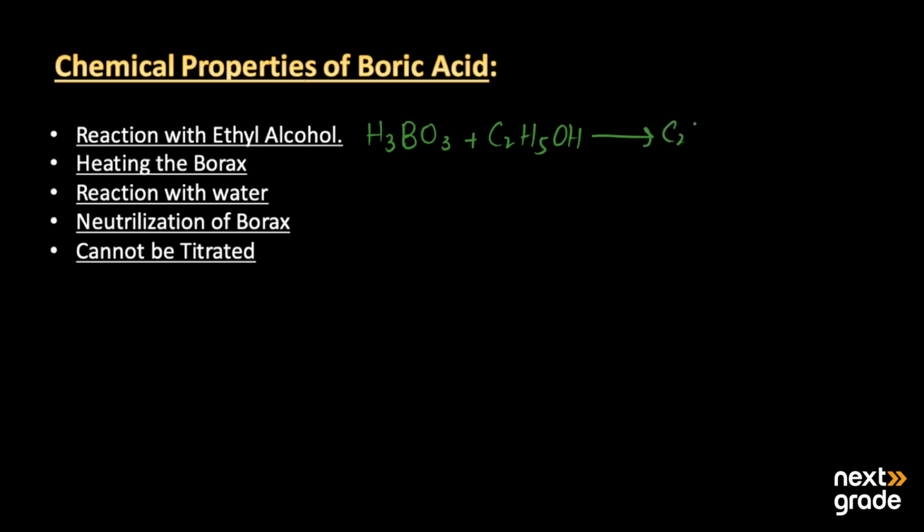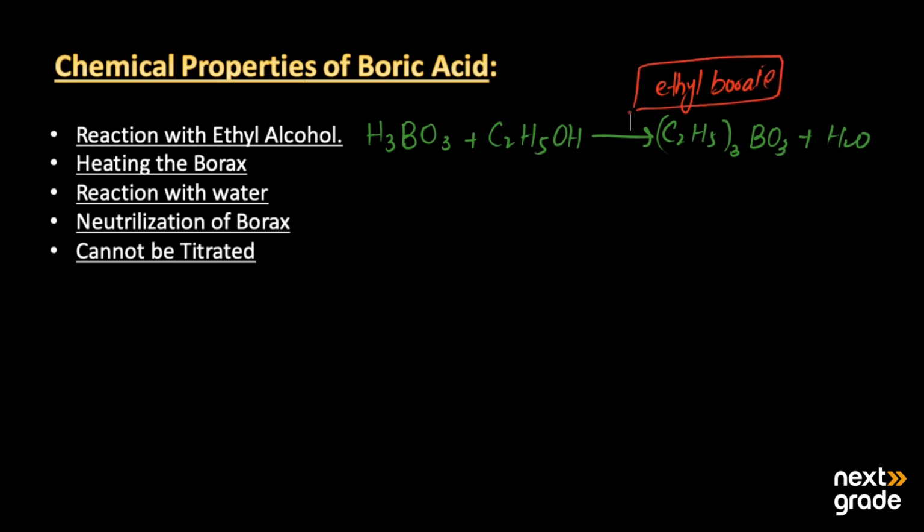Its formula is (C2H5)3BO3, along with the production of water molecules. This is the product that we gain when it reacts with ethyl alcohol, and we call this product ethyl borate.